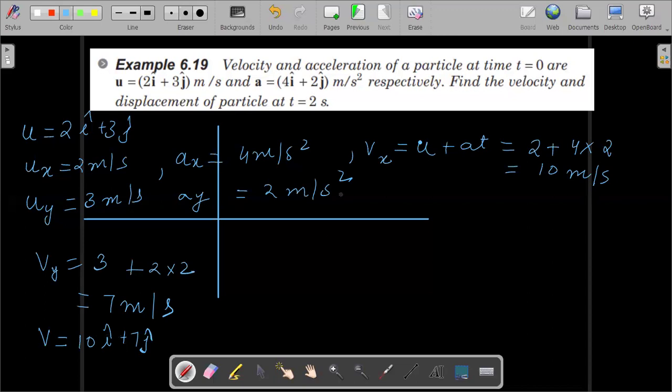Now, in the same way, find the displacement along the x direction and the displacement along the y direction. Using the velocity along x, find the displacement along x. Using the velocity along y, find the displacement along y.